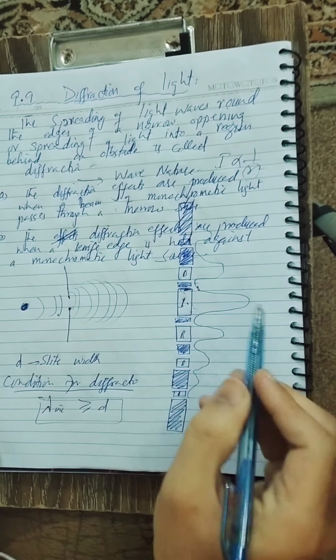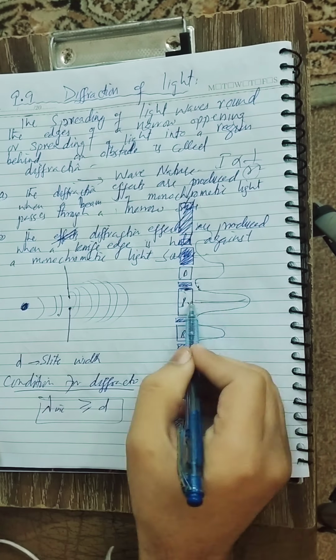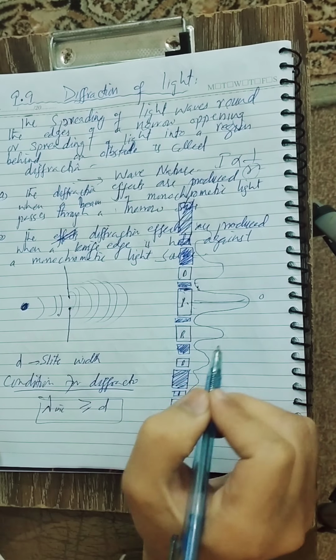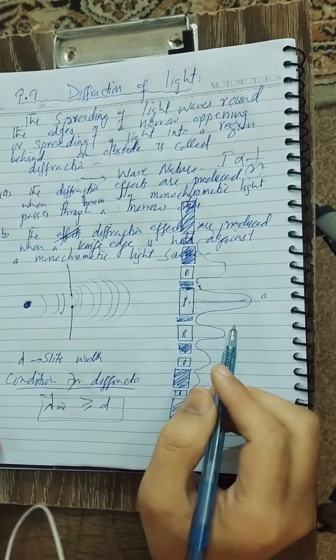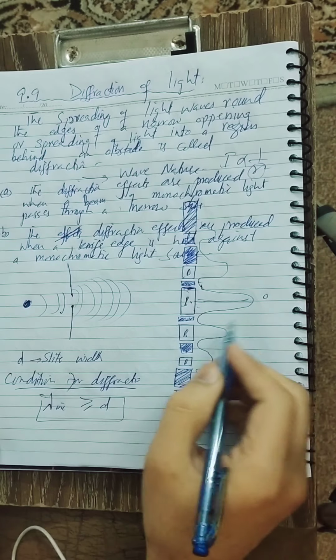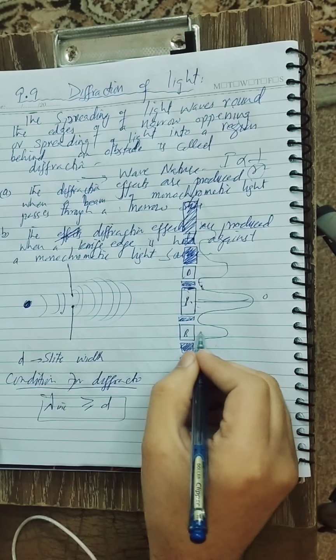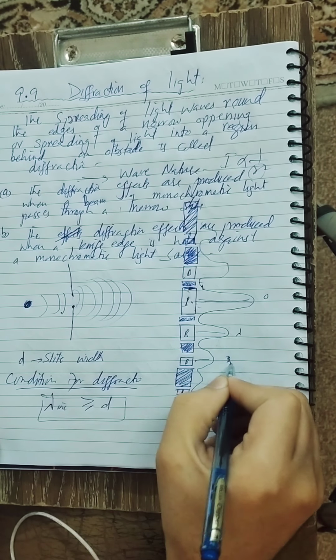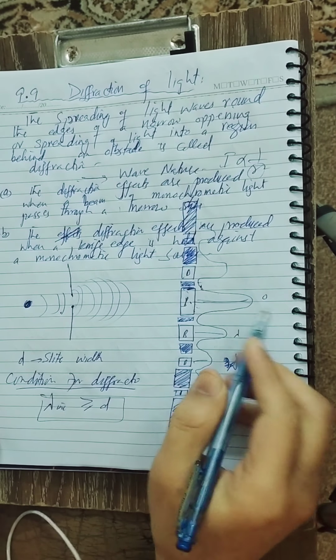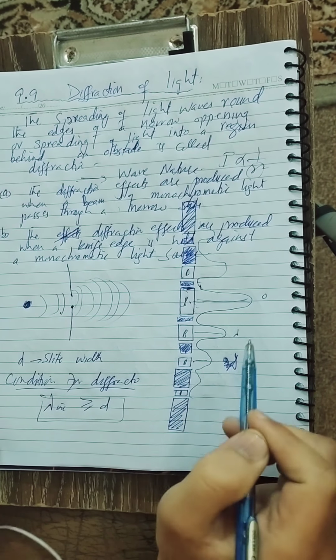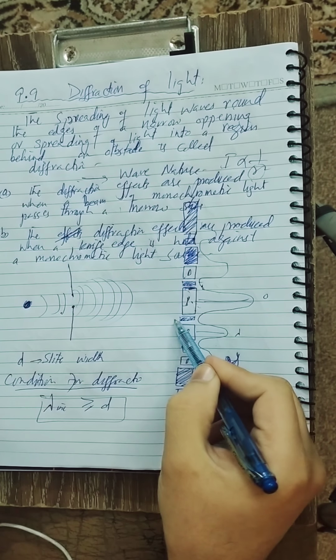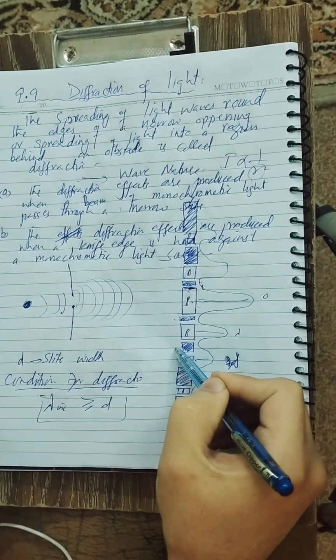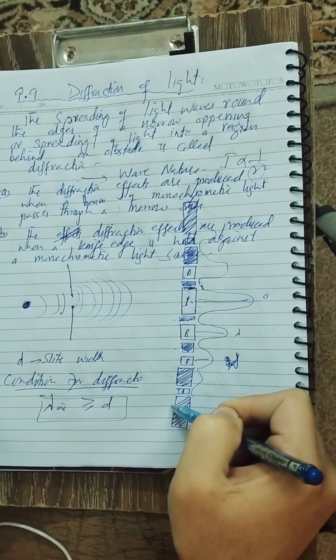At the middle the amplitude is very high. The path difference for the bright is 0, lambda, 2 lambda, 3 lambda, and so on, and the path difference for the dark is lambda by 2, 3 lambda by 2, 5 lambda by 2, 7 lambda by 2, and so on.